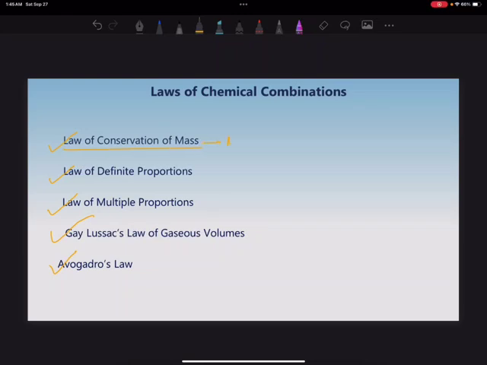As the name suggests, law of conservation of mass: here mass at the reactant side and products are conserved. As the name suggests, mass of A and mass of B are conserved. For example, mass of the reactant is equal to mass of product.